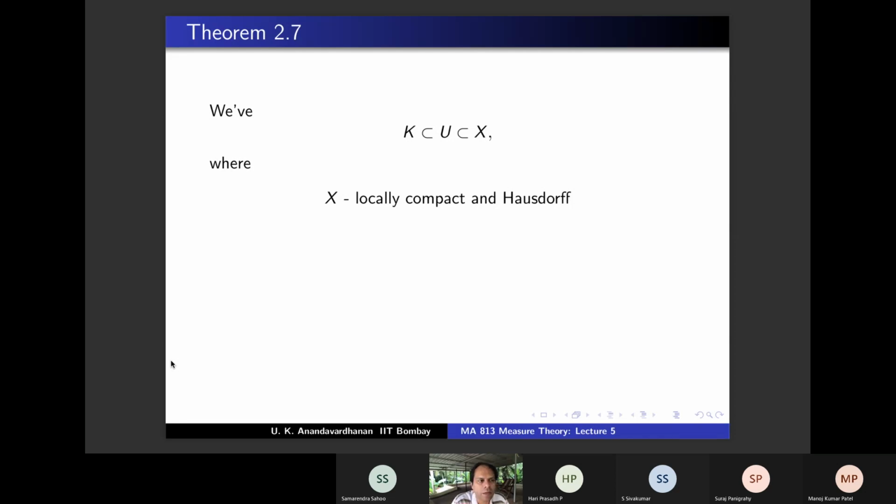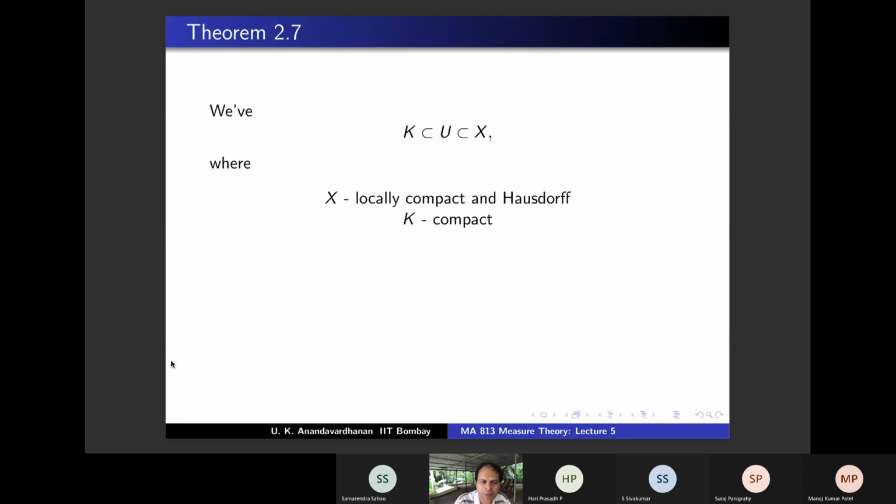You can cover it by balls, and from that you can extract a finite number, and for each of those you can separate this point outside, and maybe you can take union or intersection. And a finite intersection of open sets is open. That's all that you need. So yes, because of compactness you can do that.